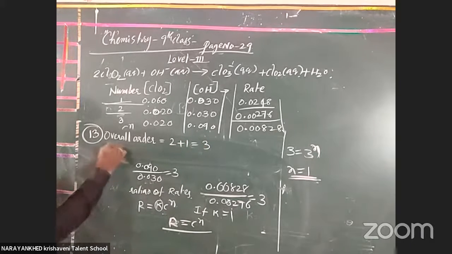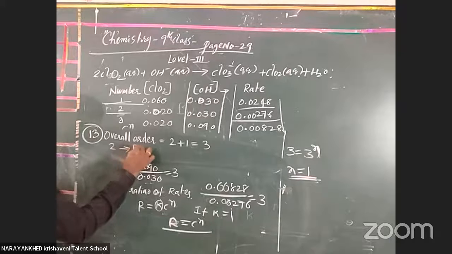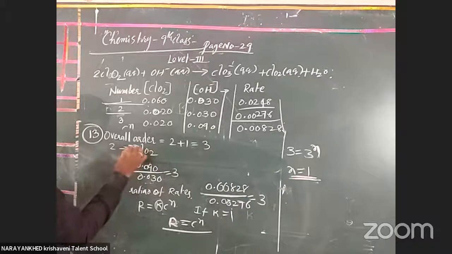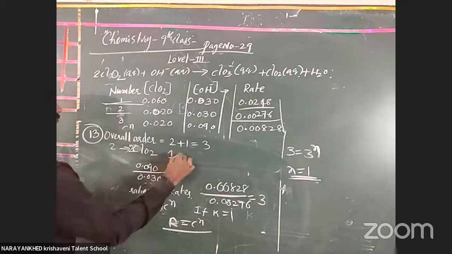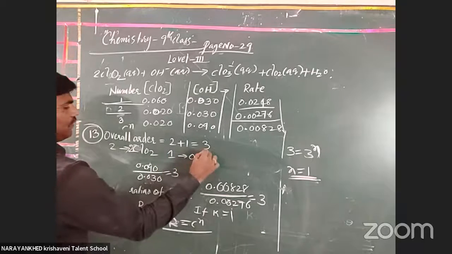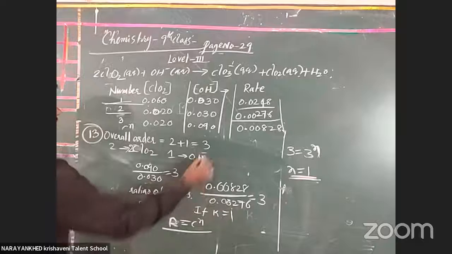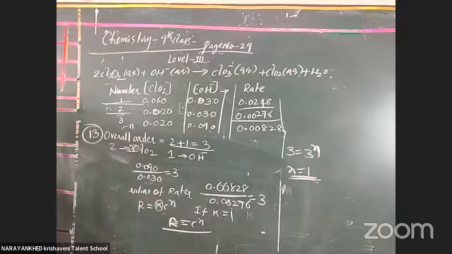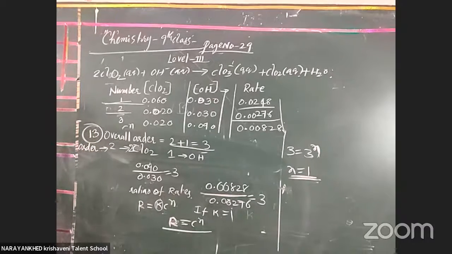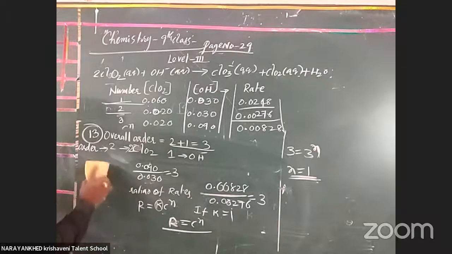Yes, 2 is for the first reactant, ClO2, and 1 is for OH minus. Then it becomes 3. Got it? This is the 13th answer.